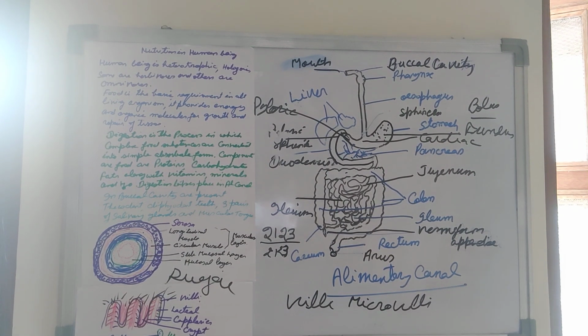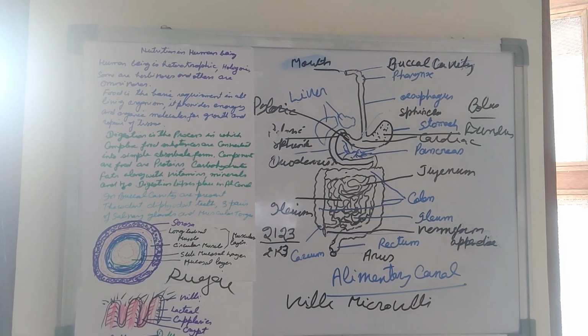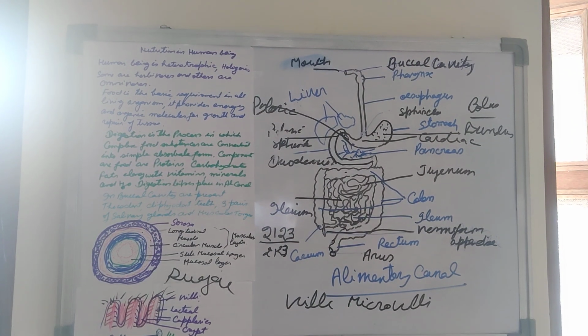Then we come to the structure of the glands. I told you this slide. In the buccal cavity, three types of glands are there: parotid, maxillary or mandibular, and sublingual. They secrete salivary amylase.